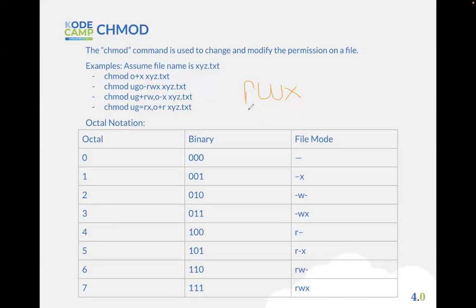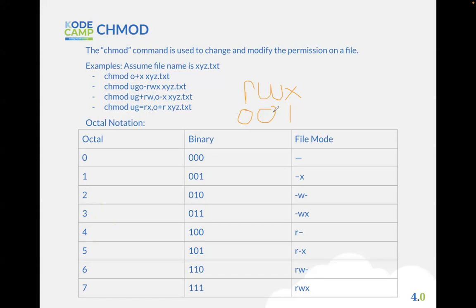So say R is false, W is false, and your execution is true, right? So that's where you get the 0, 0, 1 from.